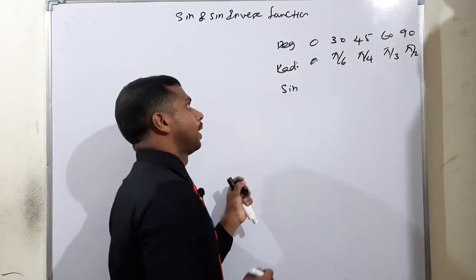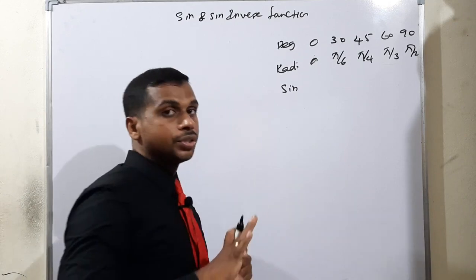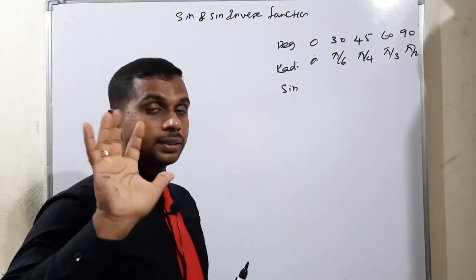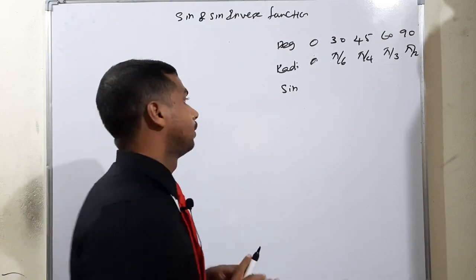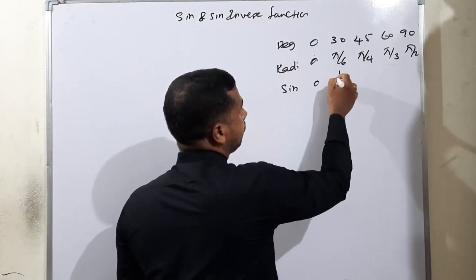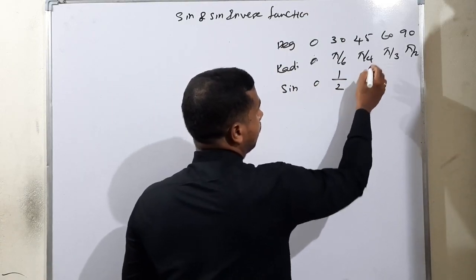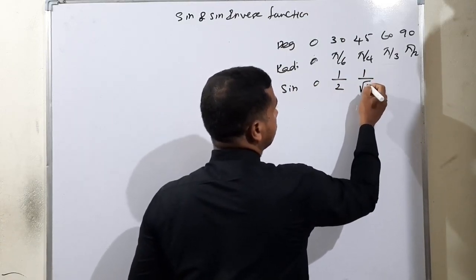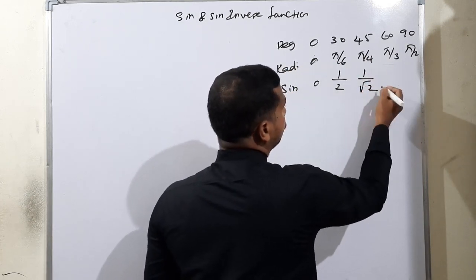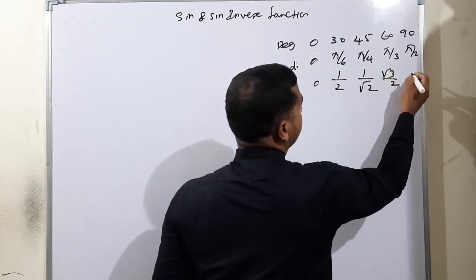Then what is the value of sine? I told you how to check it on the thumb side for sine, but for cos theta we have to check the other side. So sine 0 is 0, pi by 6 is 1 by 2, then 1 by root 2, then root 3 by 2, then 1.